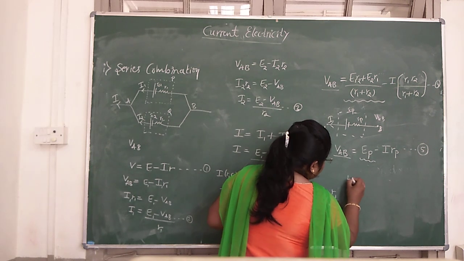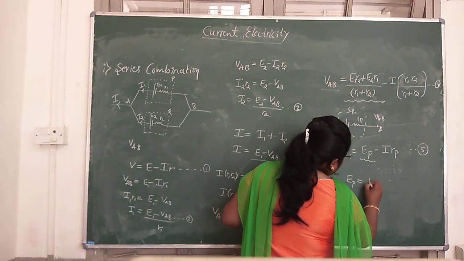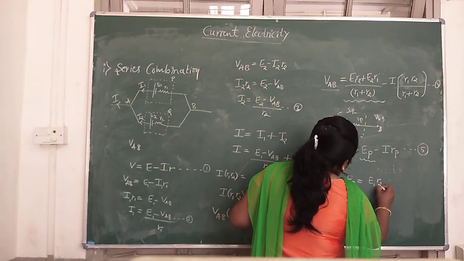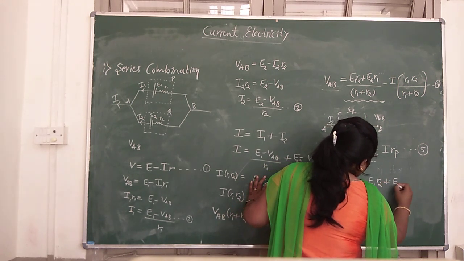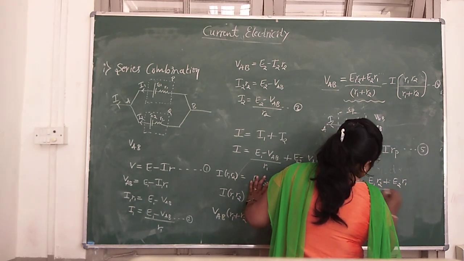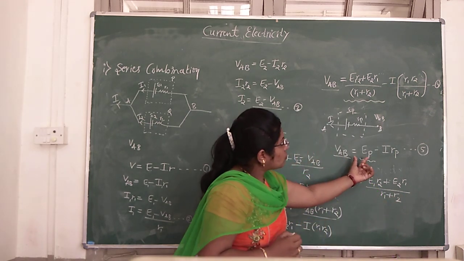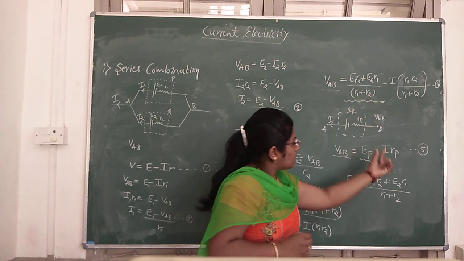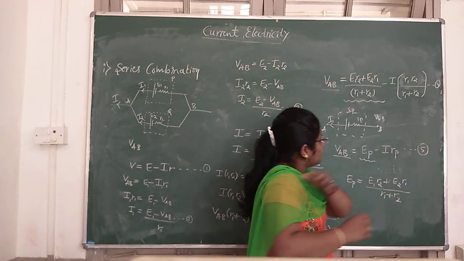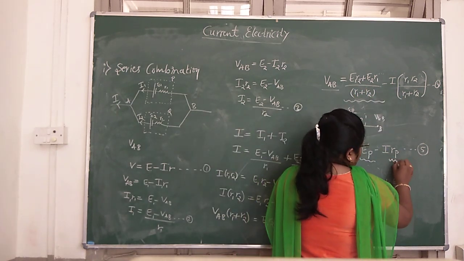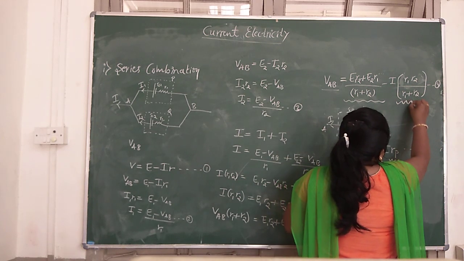Now, instead of EP, you have one whole term here. So, EP is equal to (E1 R2 plus E2 R1) divided by (R1 plus R2). So, in the place of EP, we have this, minus I the same. In the place of RP, we have this.